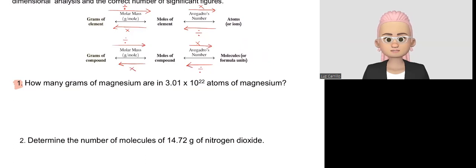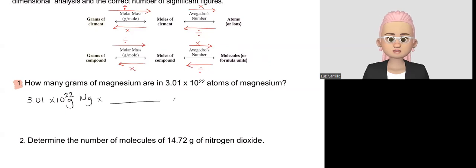So in this problem, specifically, I am given atoms of an element, and I need to find grams of that element. So first, I'm going to write the measurement given, which is 3.01 times 10 to the power 22 atoms, and the symbol for magnesium is Mg.